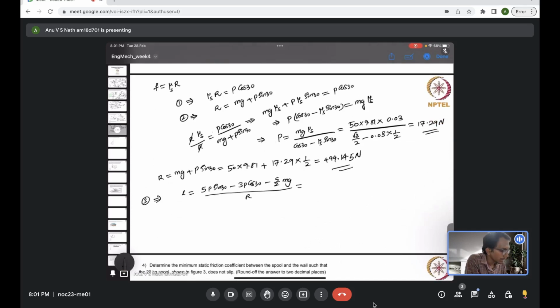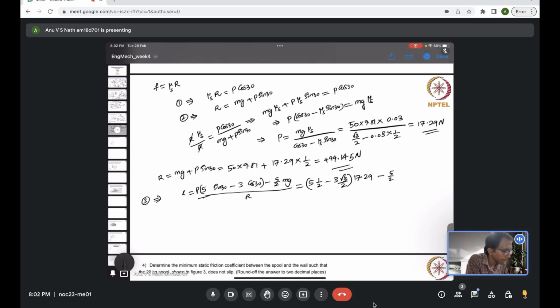So if we substitute them, 5 sin 30, which is 1 by 2, minus 3 cos 30, which is root 3 by 2, the whole multiplied with the P. What I did is that I just took the P outside from these two expressions and put it outside the bracket. So it is 17.29 minus 5 by 2 times m times g.